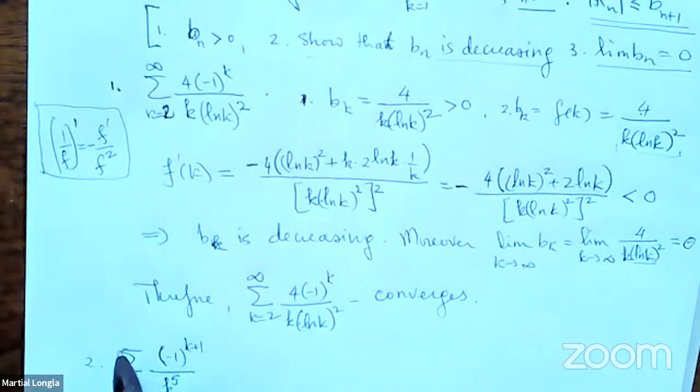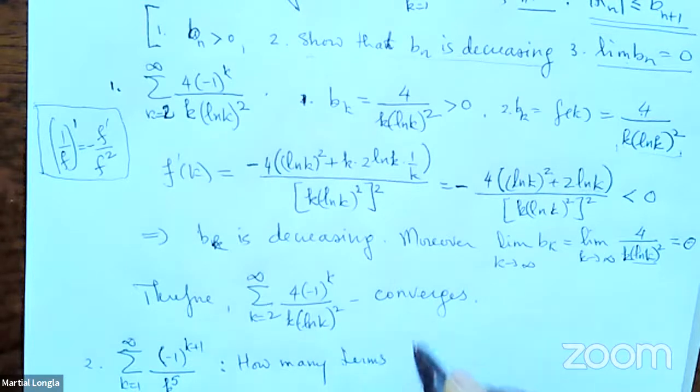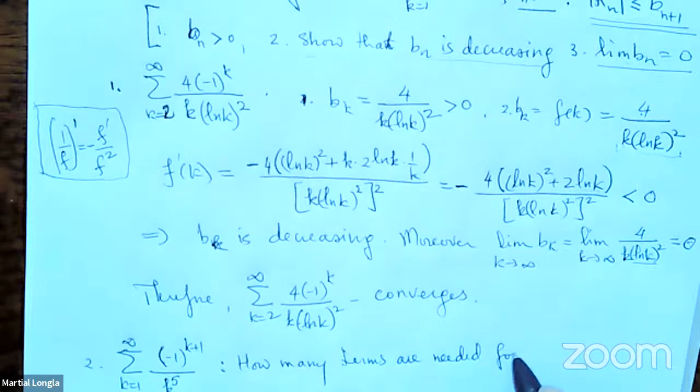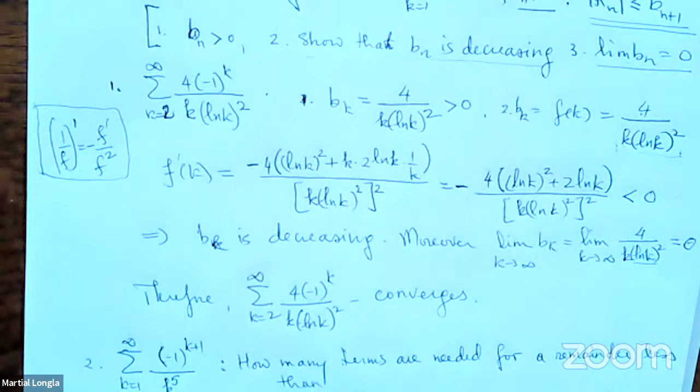Okay, so this is the sum from k = 1 to infinity, and the question is how many terms are needed for a remainder less than 10 to the minus 5.